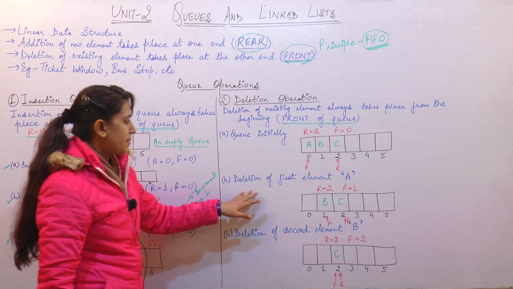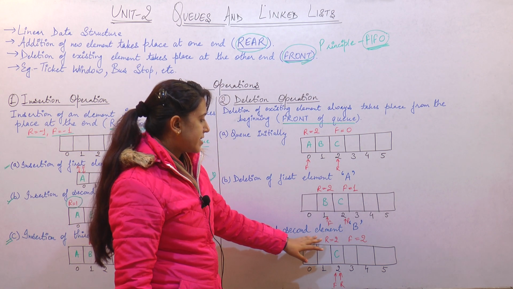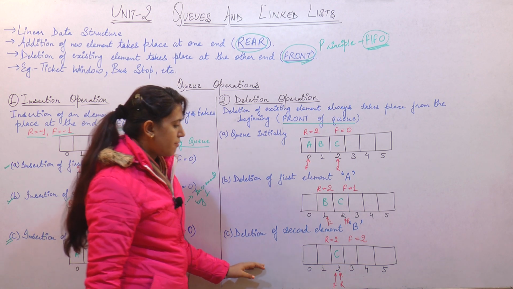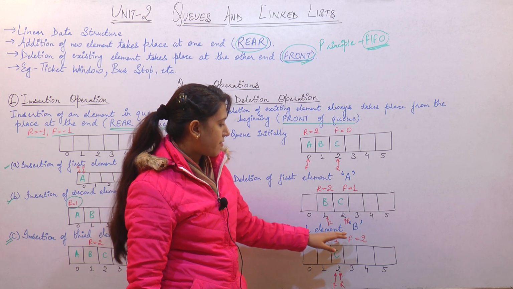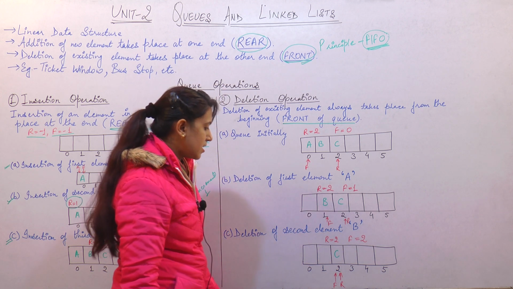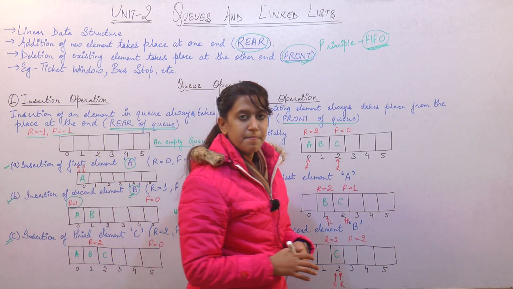Now in the second step, when we delete the next element B, the value of rear end remains the same, but the value of front end again increments by 1. Similarly, we can delete the already existing elements.